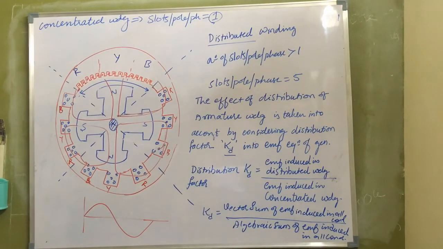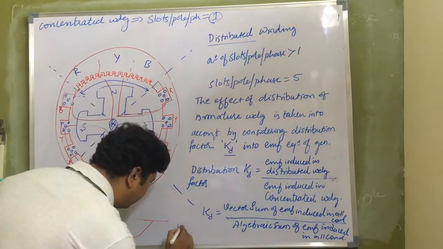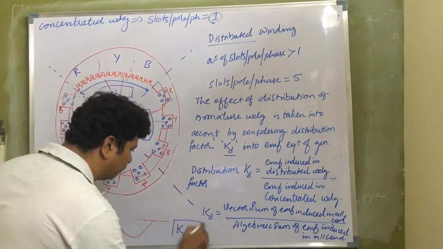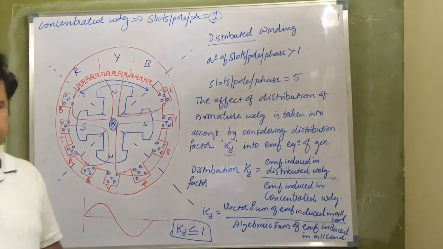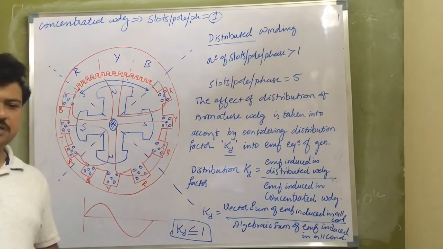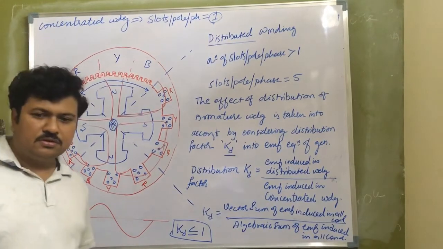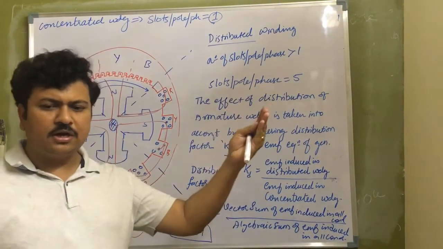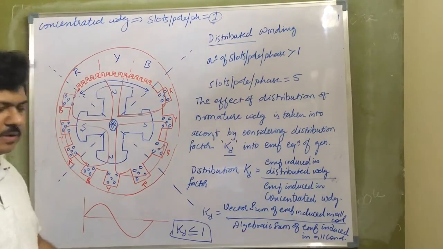This KD will always be lesser than or equal to 1. It can never take a value greater than 1, because if I use concentrated winding, the voltage induced in distributed winding to the voltage induced in concentrated will be 1. The maximum value of KD is 1.